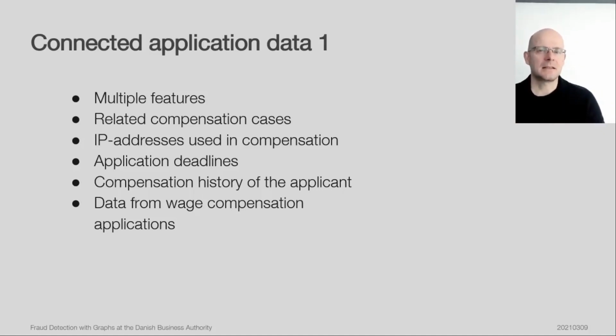So it's a way of combining your ability to cluster cases and simply have access to information relating to a particular case. Some of these things could be related to application deadlines. When did the businesses apply? And that can also be a factor in finding anomalies in your data.